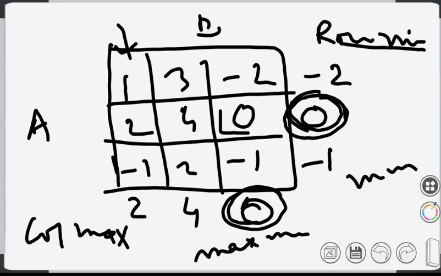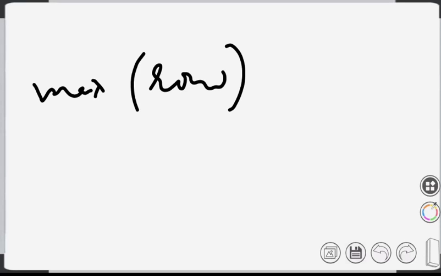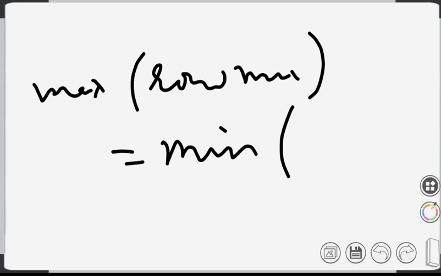If max of row min is equal to min of column max, and they coincide, then the game has a saddle point.